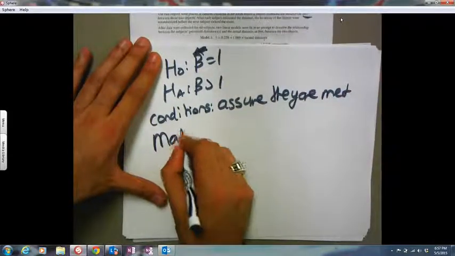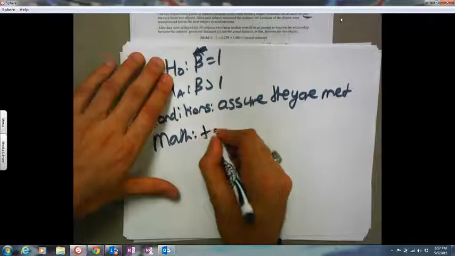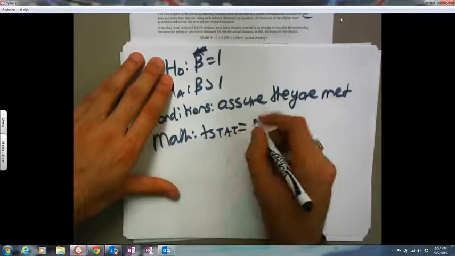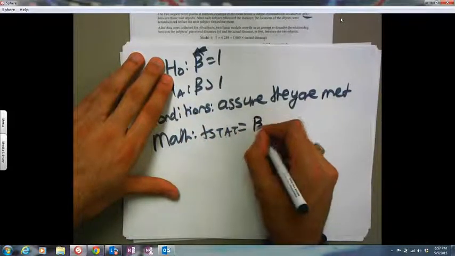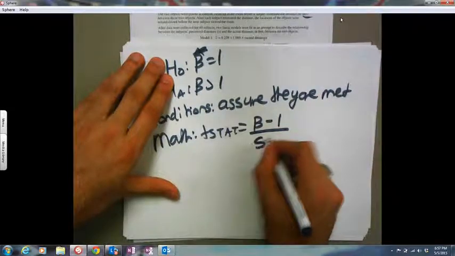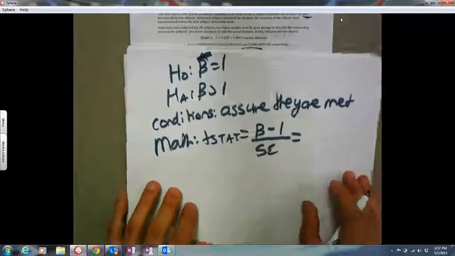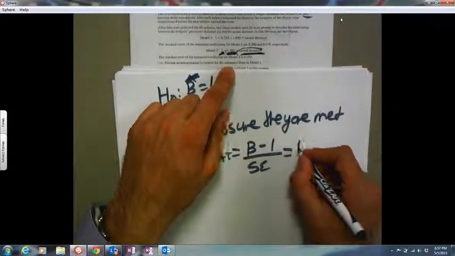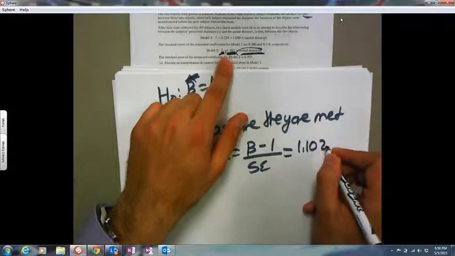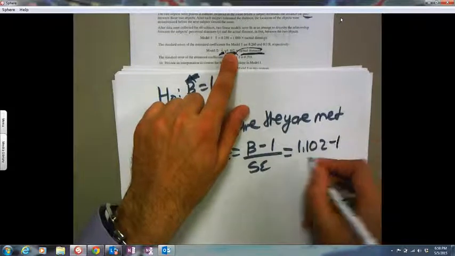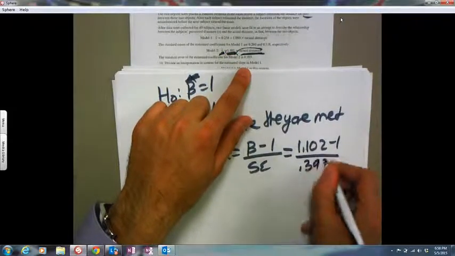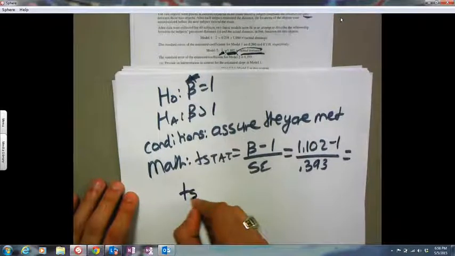Math. t-stat equals beta minus 1 over standard error, which is what? Well, 1.102 minus 1 over 0.393, which equals, going to go to my calculator now. So t-stat, let me get my calculator.